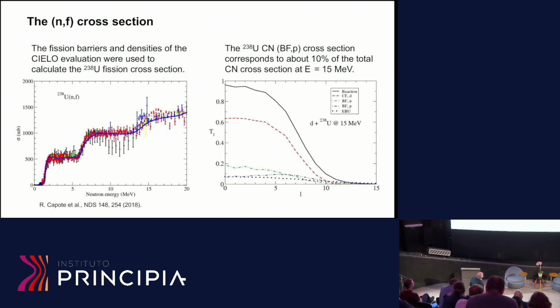These calculations, after you have the data, you play with all the parameters, then it's easy. No, but we didn't play with any parameters. We took the parameters from this evaluation and fixed our parameters at the beginning. People have been doing this for 70 years.